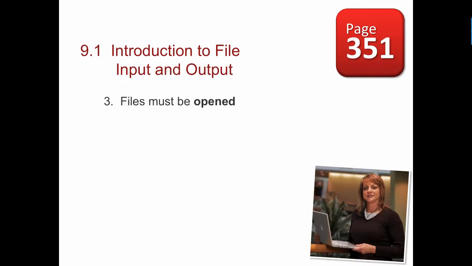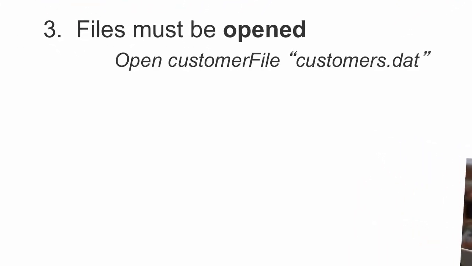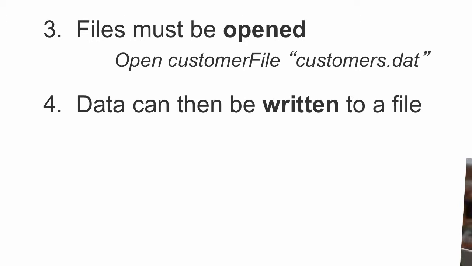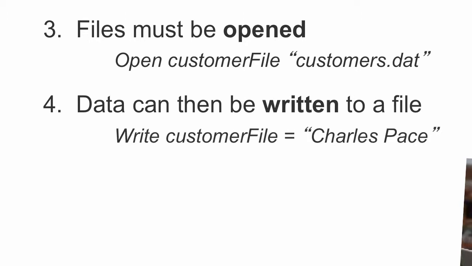Number three, files must be opened first of all. So we're going to open our customer file. That's the variable where we're going to store all the stuff. And we're going to get it from customers.dat. That's the real name of the file that we're going to draw from. Data can then be written to a file. So if we were going to write to it, we might say write customer file equals "Charles Pace".